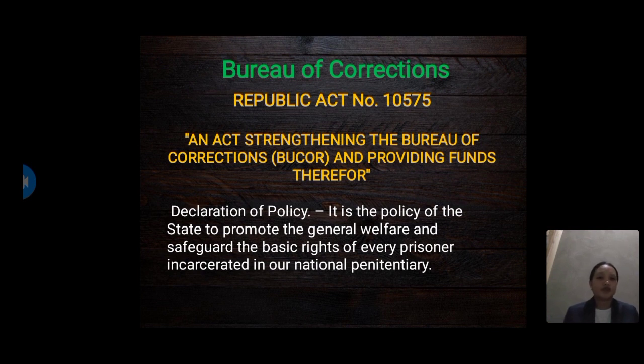The declaration of policy, or Section 1: it is the policy of the state to promote the general welfare and safeguard the basic rights of every prisoner incarcerated in our national penitentiary, even though they are criminals or perpetrators of a crime. They also have their welfare and rights safeguarded, because they are also people. They have their rights, same as us who are outside of the corrections.